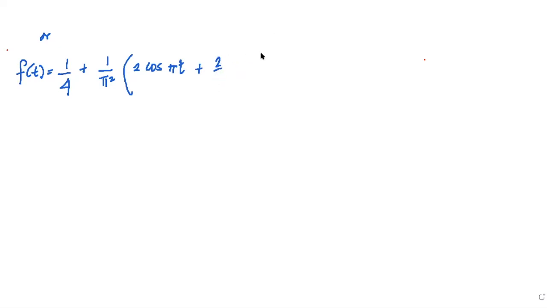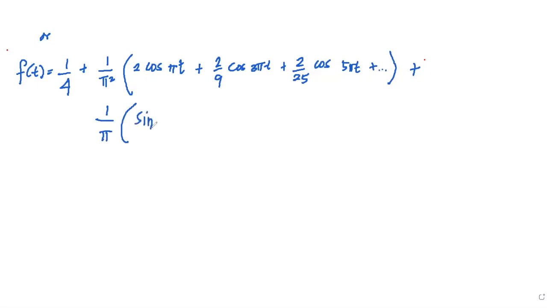When n is equal to 2, the cosine 2 pi t will be removed from the term because its coefficient is equal to 0, and so on. So just put ellipsis in there. The same with the last term. So removing the summation, this is how you write the one that has the b sub n Euler constant.